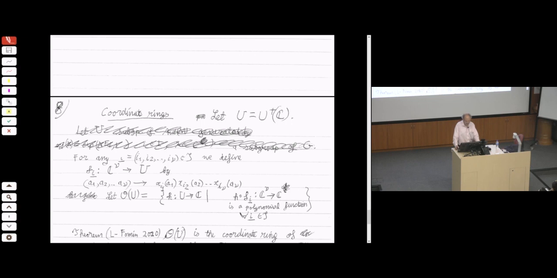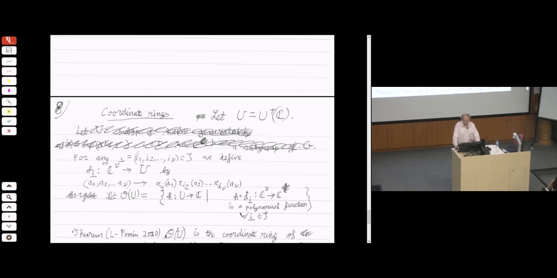Now we define O of U to be all functions from U to complex numbers, such that when you compose H with any of these Fi, the resulting function from C^nu to C is supposed to be a polynomial function.